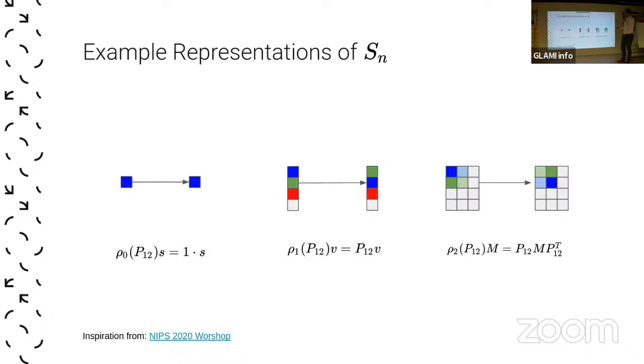And then we can have this representation of the permutation of 1 and 2 on matrices as well, where one of the representations that is sometimes interesting is in the bottom right hand corner, where you can see that you apply the permutation matrix from left and from right. So you swap both columns and rows.